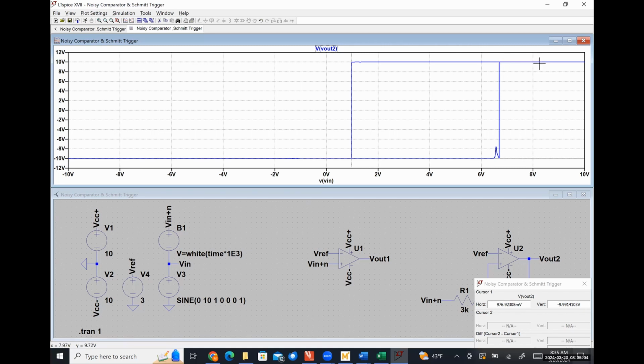And then it stays high. And then when we come back down, our output voltage stays high until our input voltage gets lower than our lower trigger limit. It drops low and then it stays low. And that cycle just repeats over and over and over again if we were to allow our input signal to cycle.